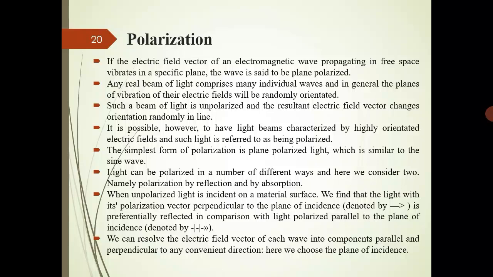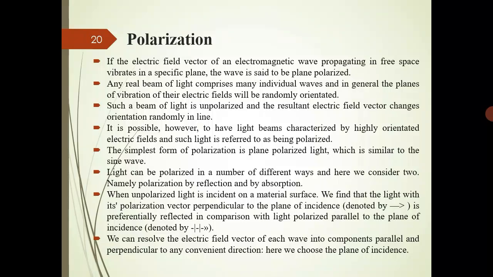Any real beam of light comprises many individual signals, and in general the planes of vibration of their electric field will be oriented randomly. Such a beam of light is unpolarized. Altogether, the resultant electric field vector changes randomly in orientation.